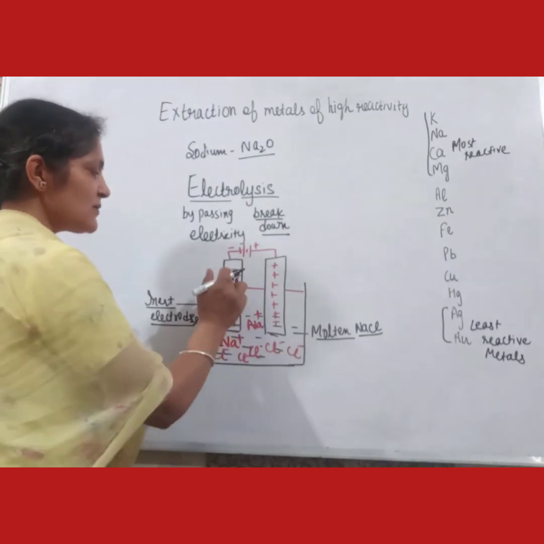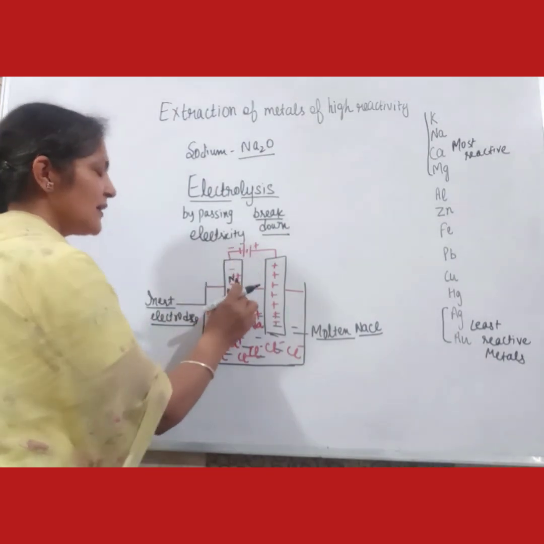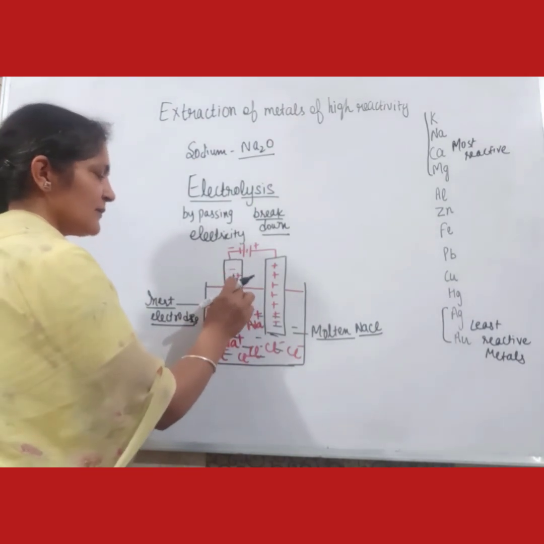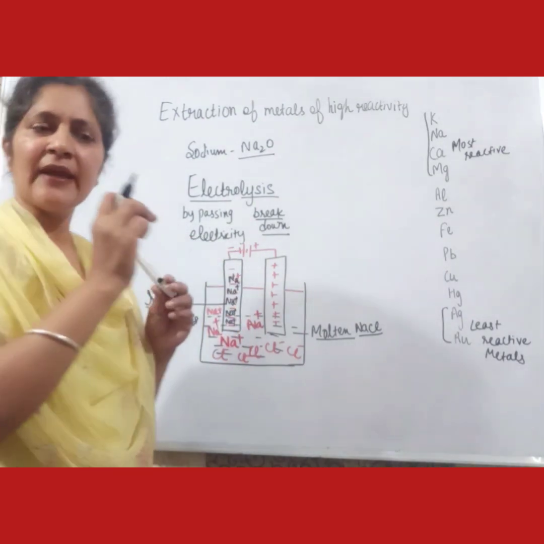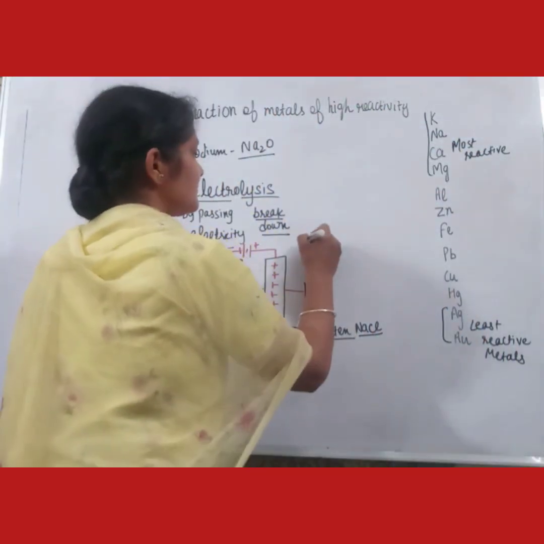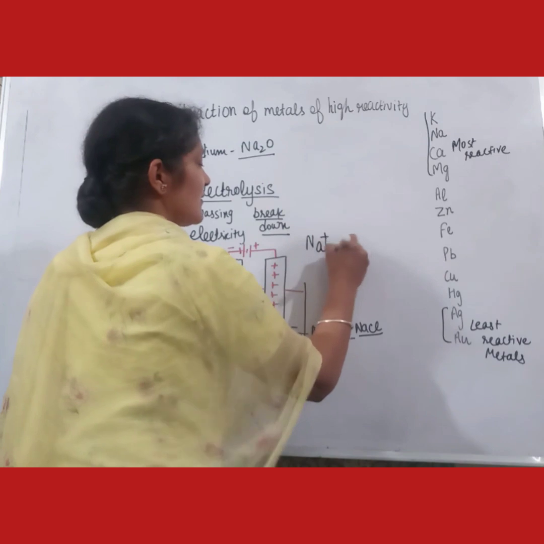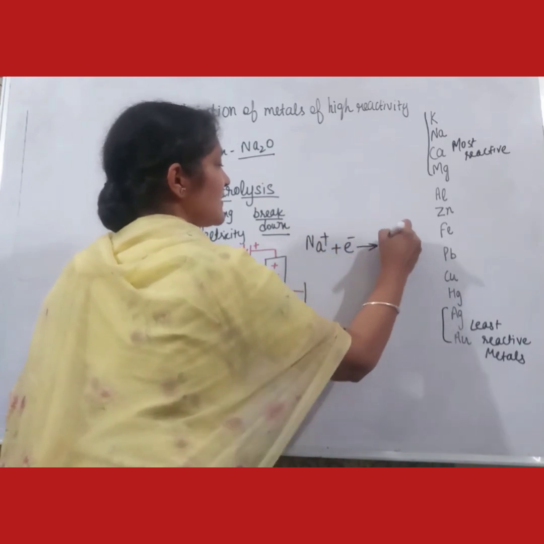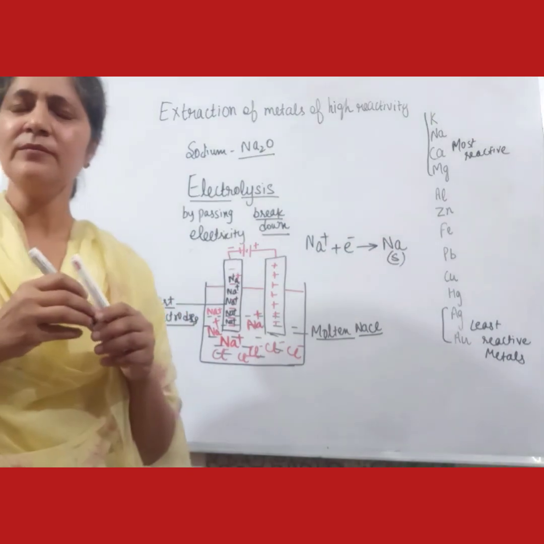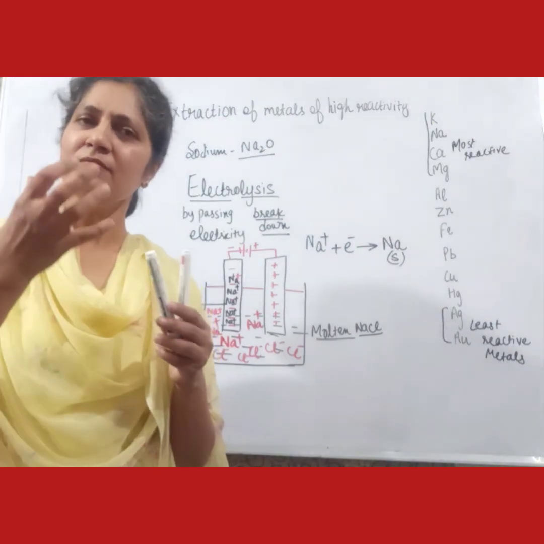When the sodium gets here, it gets deposited here. It was positive and it went to the negative charge. So what will happen? It will gain an electron and become solid sodium, sodium metal.